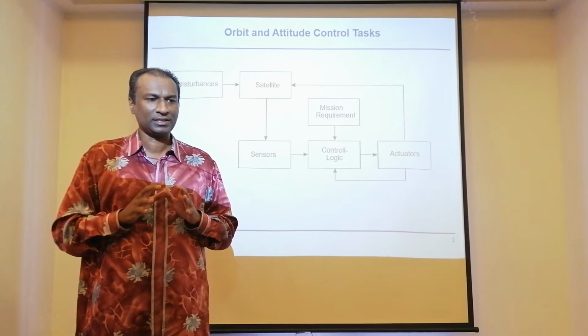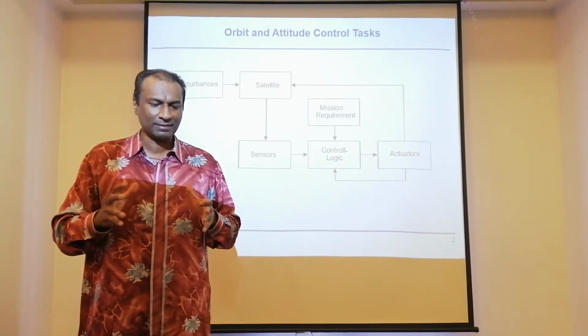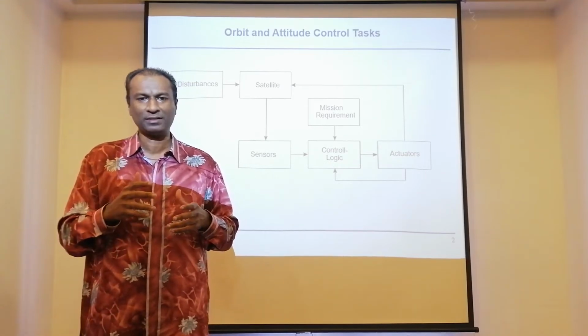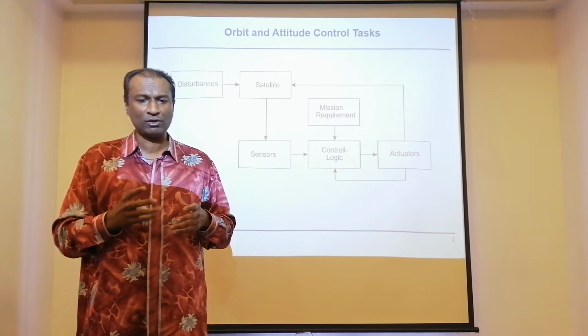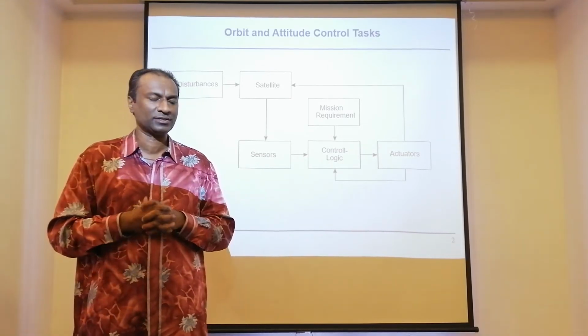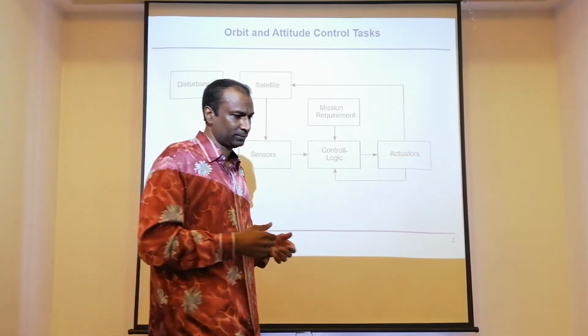At the moment, just assume that for a rotational motion, there would be some sort of wheel in the satellite which helps us to rotate. It could be a momentum wheel, a reaction wheel, or even a control moment gyro. We will see that in an upcoming chapter.